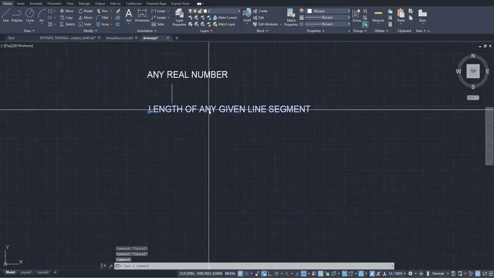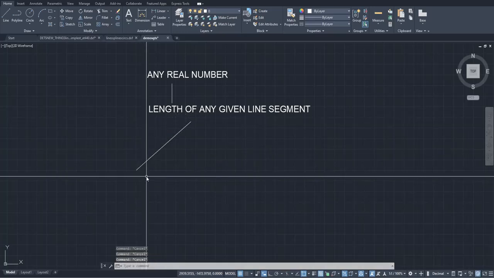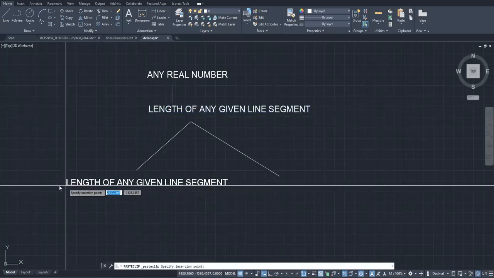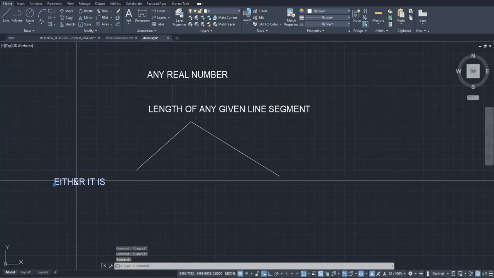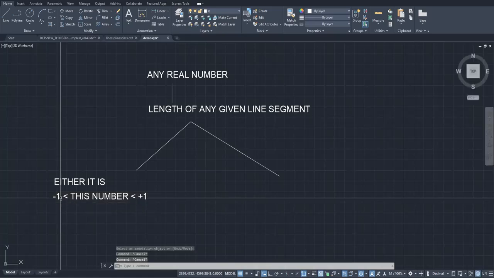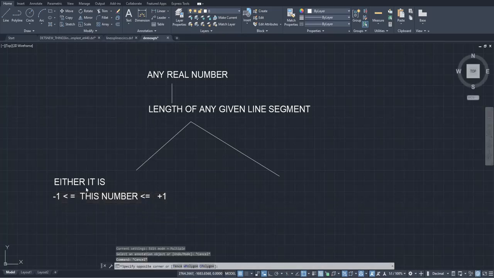Now the length of the given line segment is either greater than minus 1 and less than 1, or less than minus 1 or greater than plus 1, or equal to these.